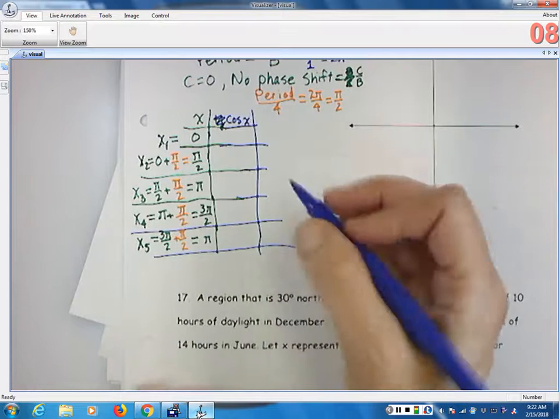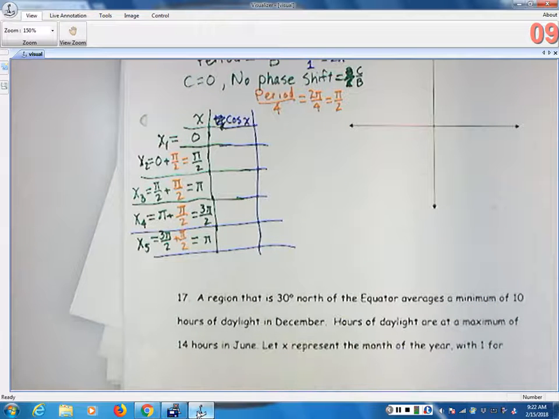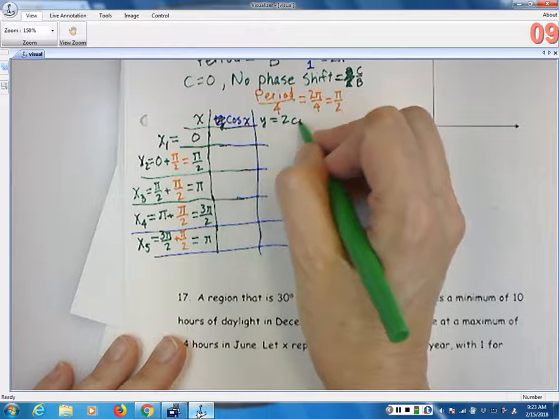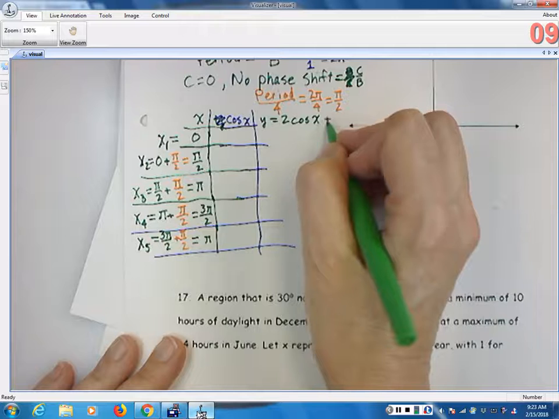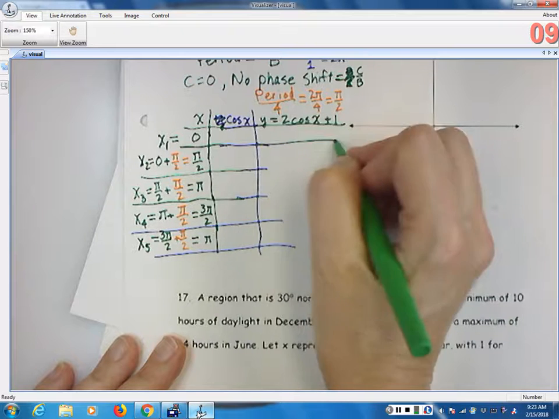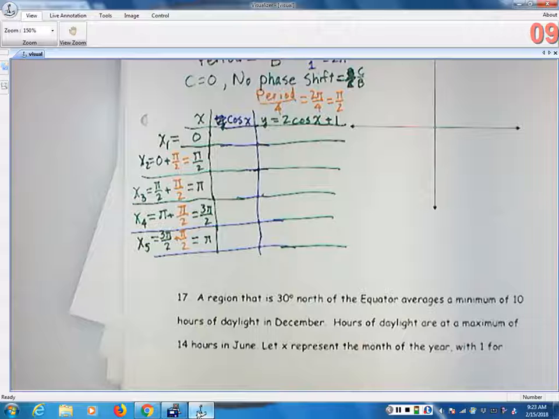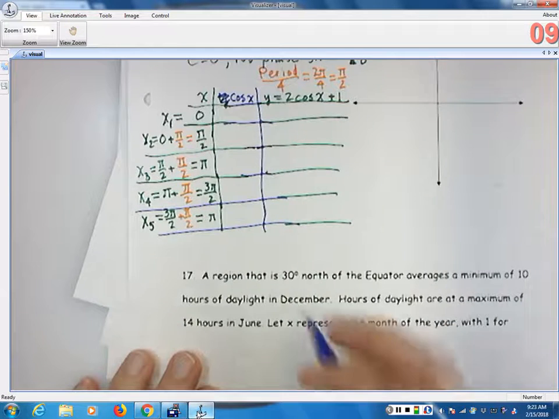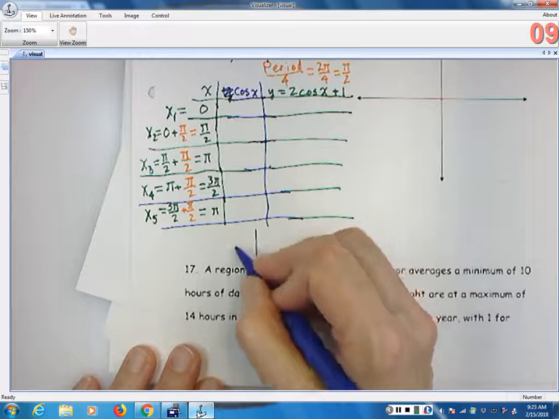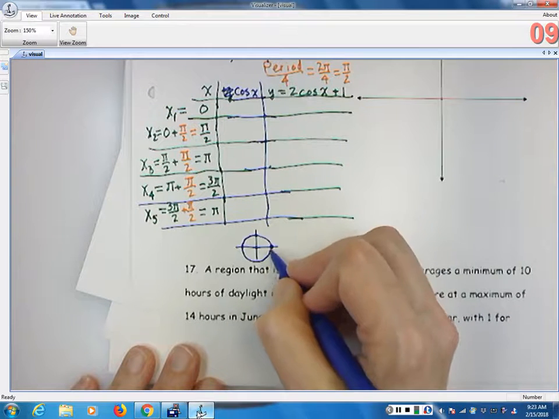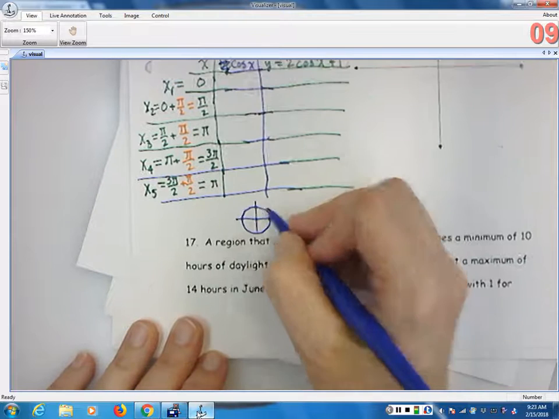Okay, and then we're going to write y equals 2 cosine x plus 1. Okay, so if you're thinking about your unit circle, cosine on the unit circle, these are the 5 key points.